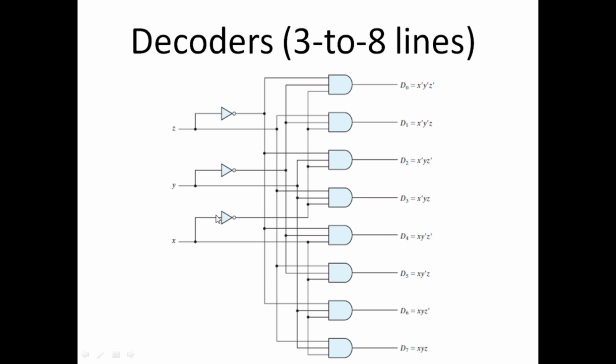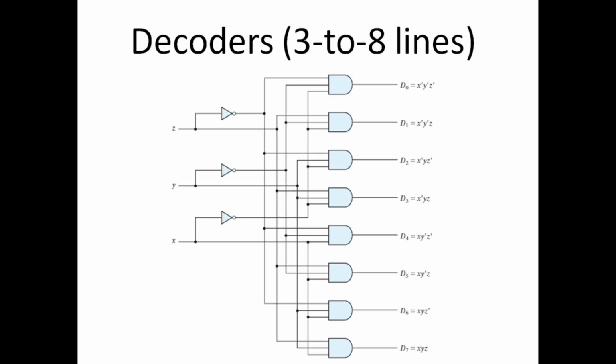So this is a 3 to 8 line decoder which gets a 3 bit input and gives 8 outputs.